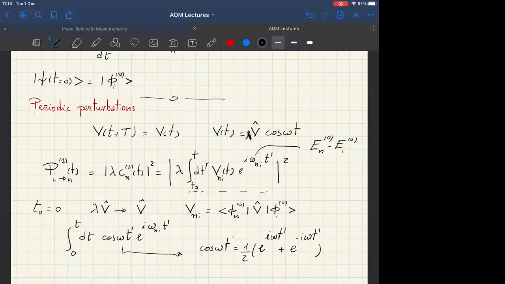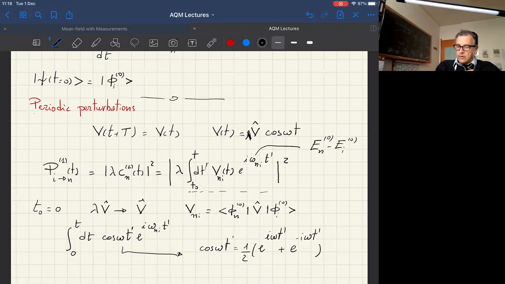But the integral should include VNI, right? So suppose the following. I call it V of t, and I call this V0, which is an operator, time independent, times cosine omega t. So this is time independent, so you can take it out from the integral.